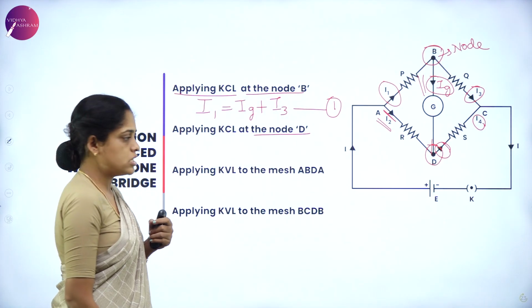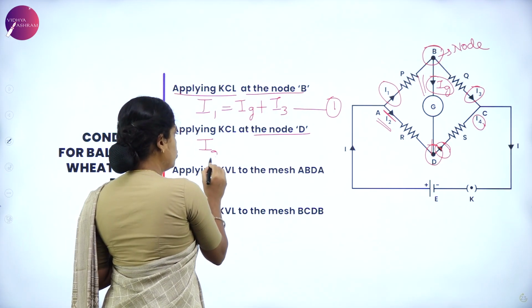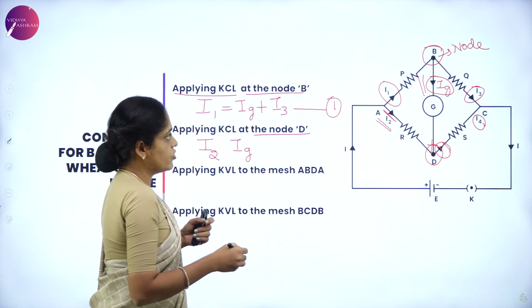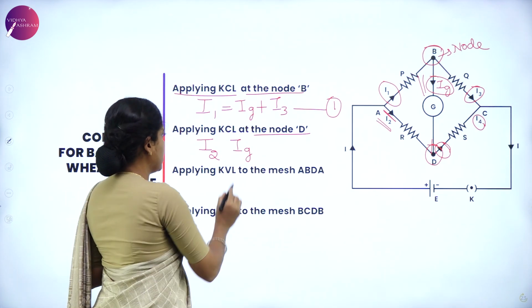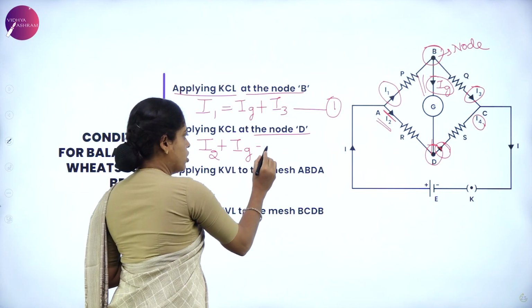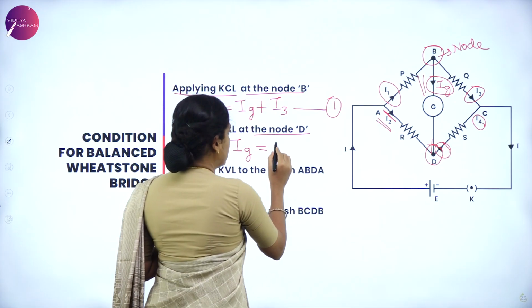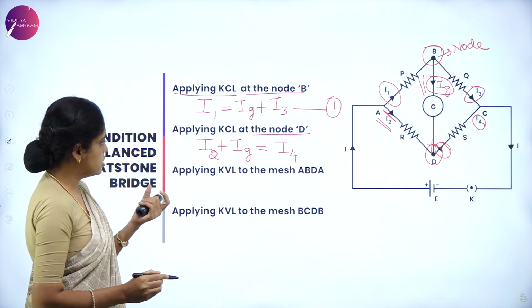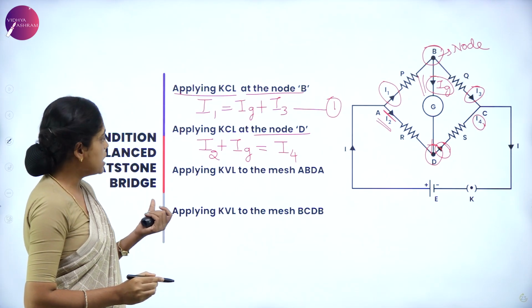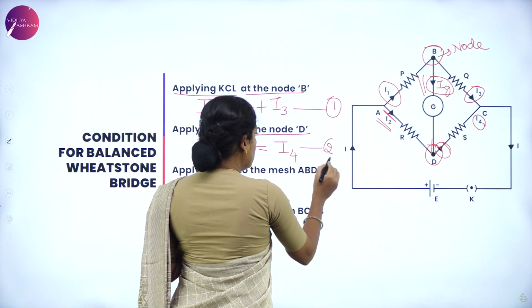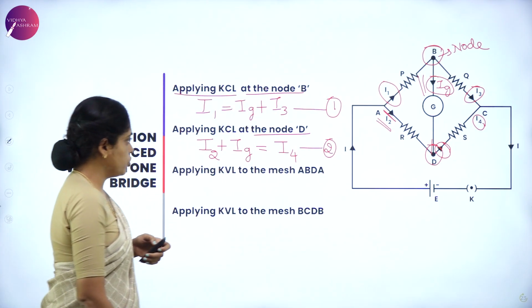I2 and IG are the currents which are entering. Their sum I have to consider, which is equal to the leaving current. The only current which is leaving is I4. So I4 is equal to IG plus I2 according to KCL. Consider this as equation 2.